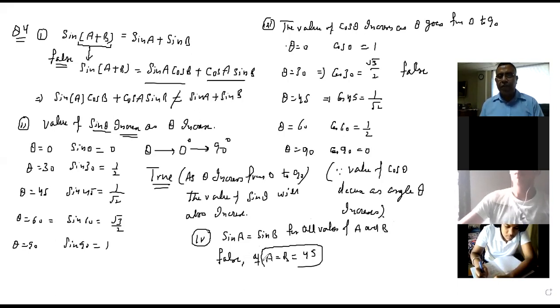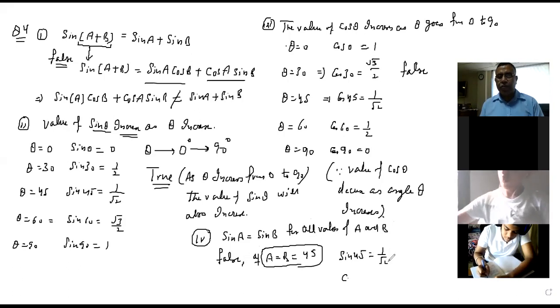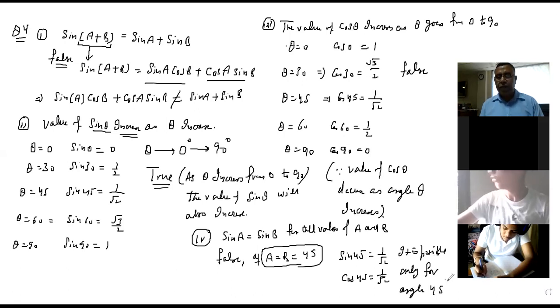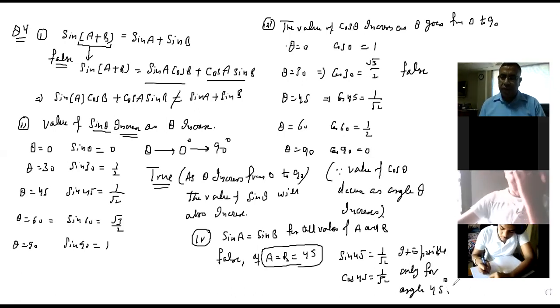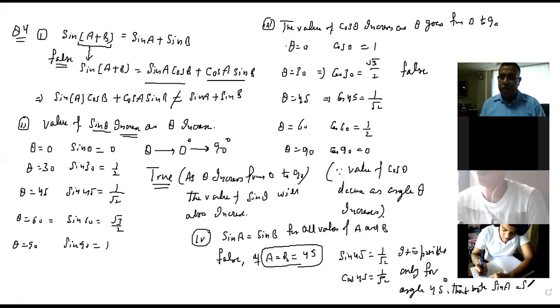If the value of A and B is 45, then sin 45 is 1 by root 2 and cos 45 is 1 by root 2. So it is possible only for the angle 45 degrees that both sin A and sin B will be equal.